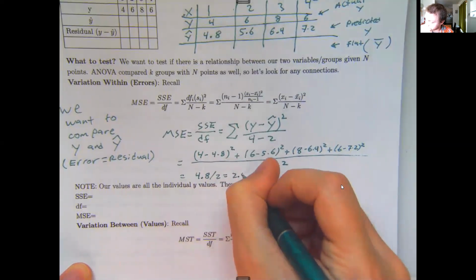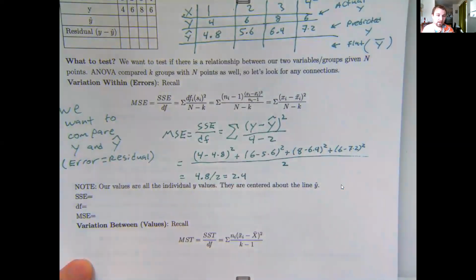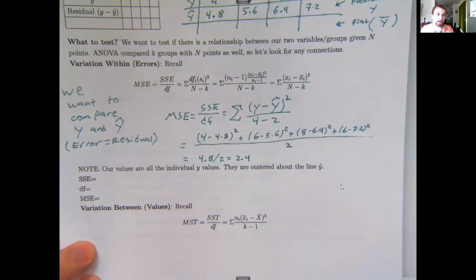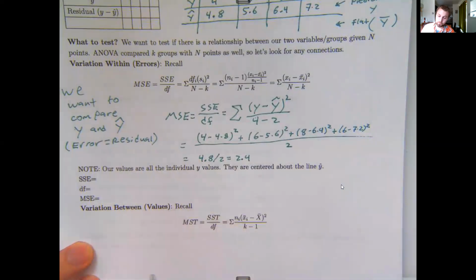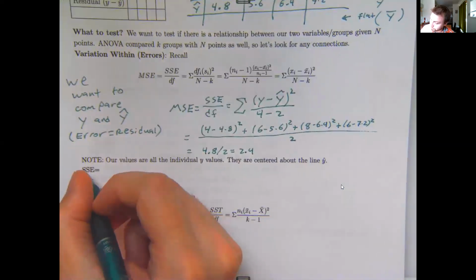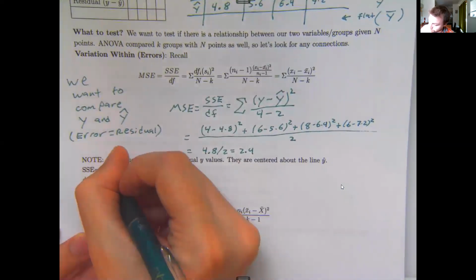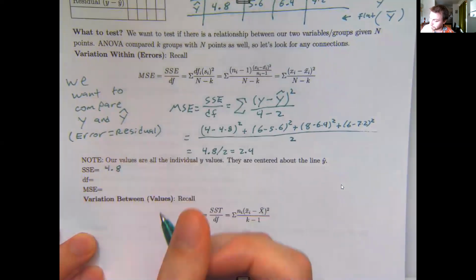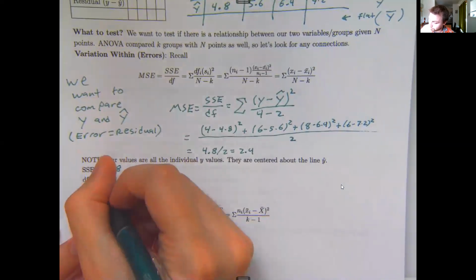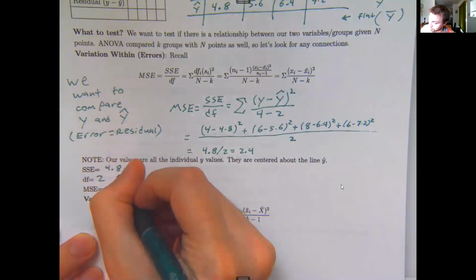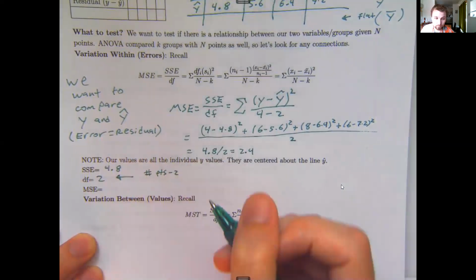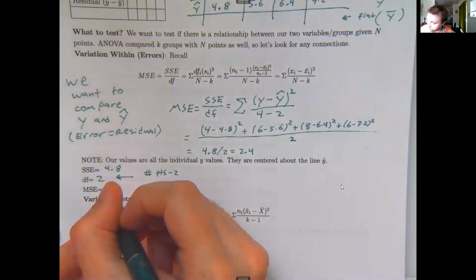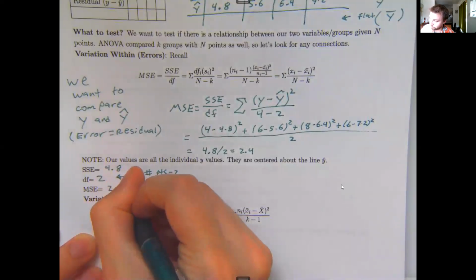So doing the division, I end up with a mean square of my errors, a mean square for these residual squares of 2.4 or so. So just kind of listing things up, the top of our fraction was 4.8. The degree of freedom there was 2. In general, this looks like it's going to be the number of points that we have minus 2. And the mean square of the error looks to be 2.4 or so.